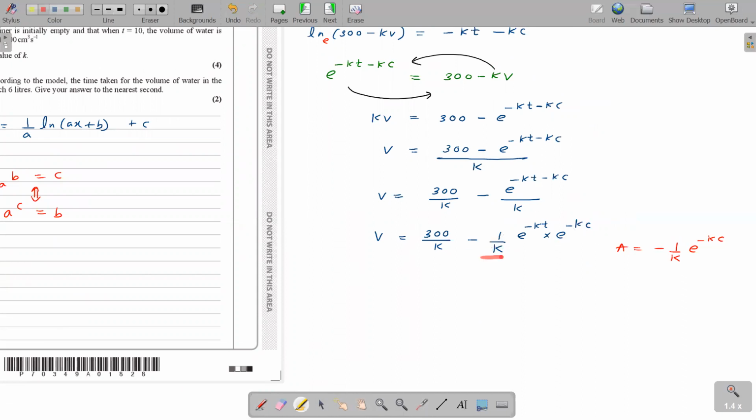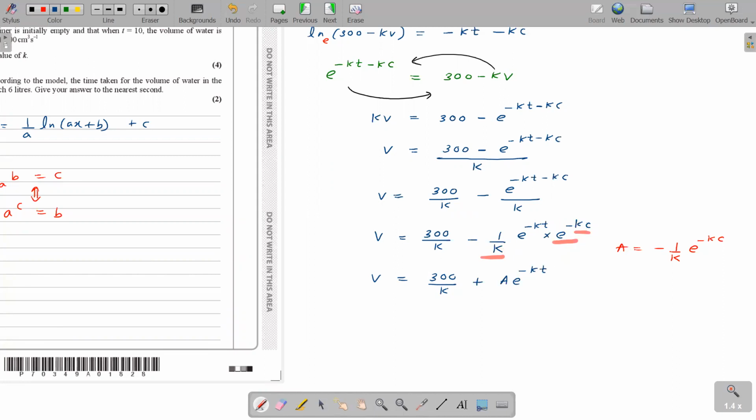All of these things I'm underlining are constants. E to the power minus kt is the only variable we have here, because t is a variable. So I can get all the constants together into a single constant called a. Are you with me? So v equals 300 over k plus a e to the power minus kt.